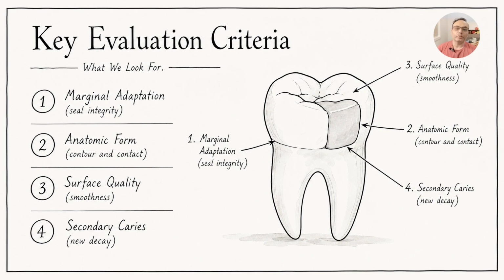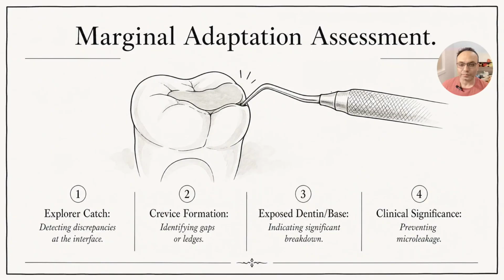Now, when we are assessing the marginal adaptation, we use our explorer. Whether the explorer catches around the marginal seal of the restoration, this is to detect any discrepancies, any voids, any gaps, any crevices around that junction.